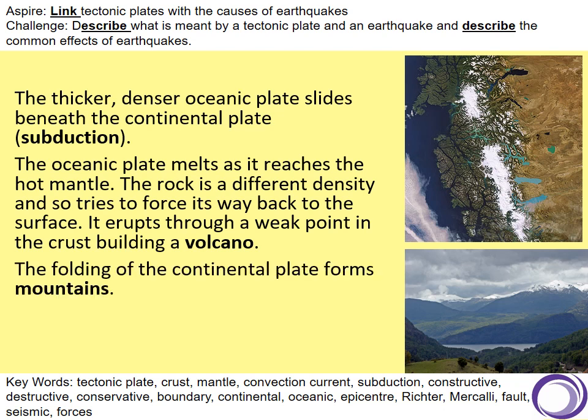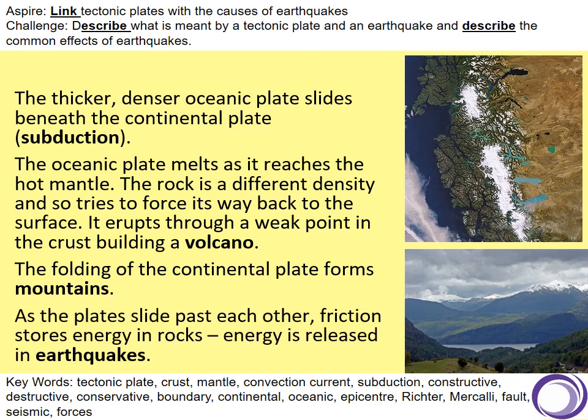We get the folding of the continental plate as the two plates are forced together, and this forms the characteristic shape of the mountains in the Andes. And often where those plates are sliding past each other, friction stores energy in the rocks, and when that energy is released in a jerky movement, we get earthquakes, but more about those later.